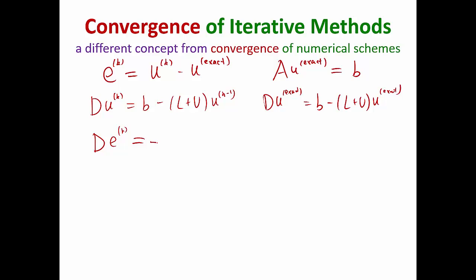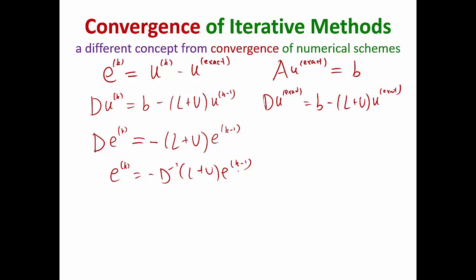And I just get minus L plus U times ek minus 1. This is the evolution of the error. Or I can write ek is equal to minus D inverse times L plus U times ek minus 1. This is how the error evolves.